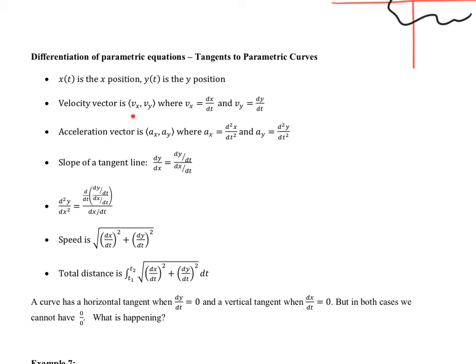This is a vector, and the vector is the direction in terms of x and the direction in terms of y. So this is v sub x and this is v sub y, and those are considered the components of the vector, and those components tell you in which direction the vector goes.